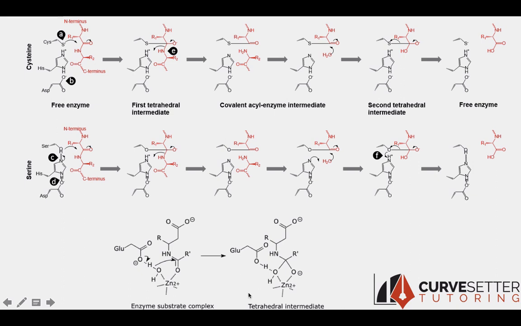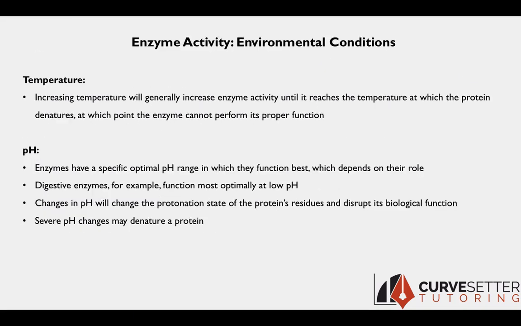Not only does changing the protonation state of residues change the structure, but if it changes any of the residues which are required for the catalytic function, so those that might participate in the reaction, then you render that enzyme completely ineffective. Whether or not the shape changes, if you affect the residues within the active site of the enzyme, then you're undoubtedly going to negate its biological function.